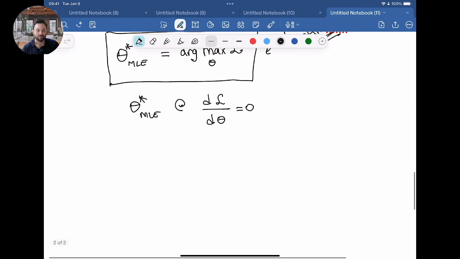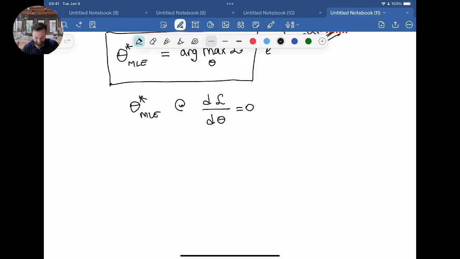But we know we can take the logarithm of the likelihood, and my maximum likelihood is also some theta that maximizes not only the likelihood, but also the log likelihood, because logarithm is a monotonic function. If some number maximizes some function f, the same number maximizes log of f of x, right? Because log is a monotonic function.